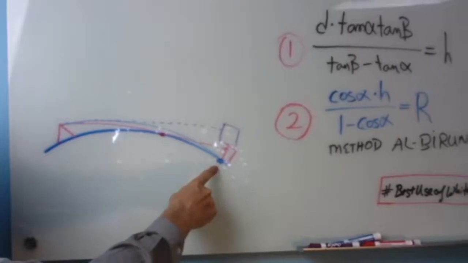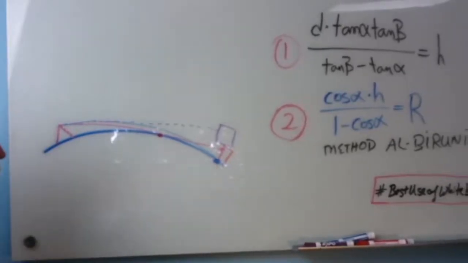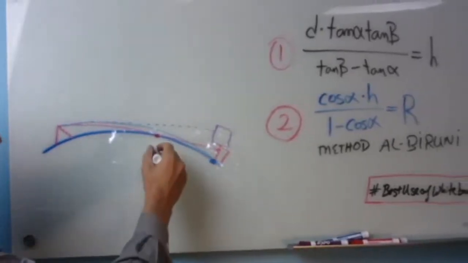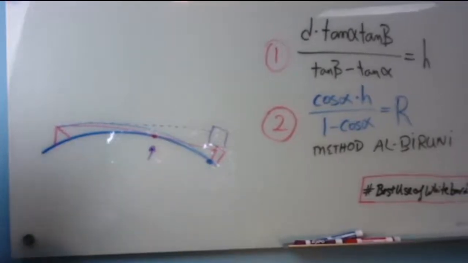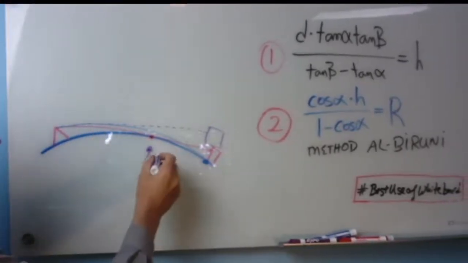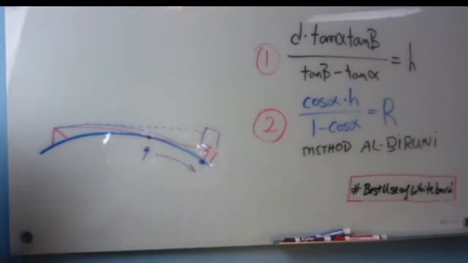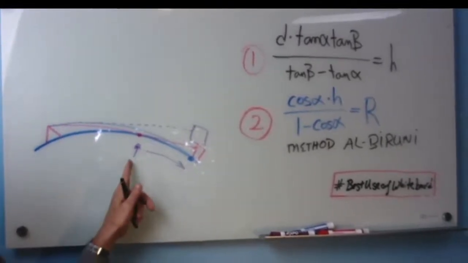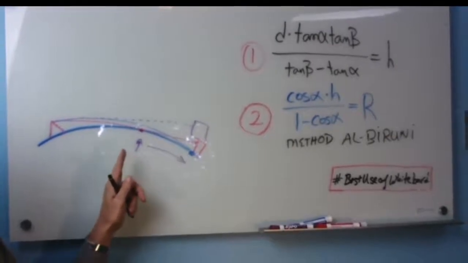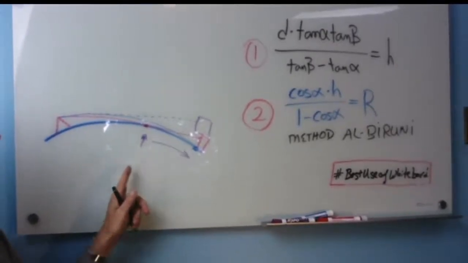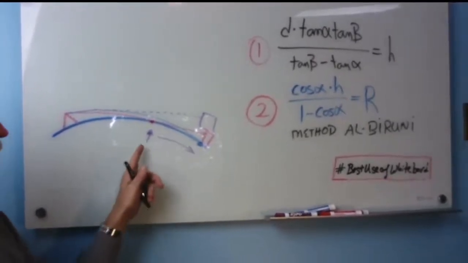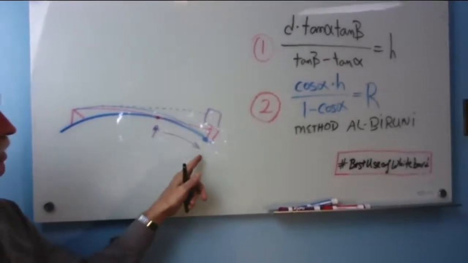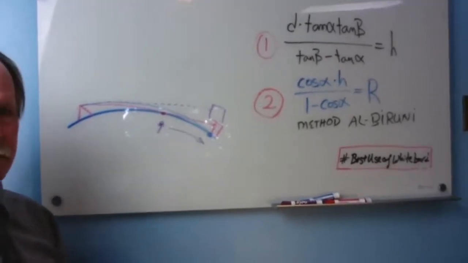That's the apparent horizon. So geometry determines where the geometric horizon is, and refraction makes that horizon go further out. So the geometric horizon, for all intents and purposes, is the minimum horizon based on a sphere of a certain radius. The apparent horizon is extended past that due to refraction.